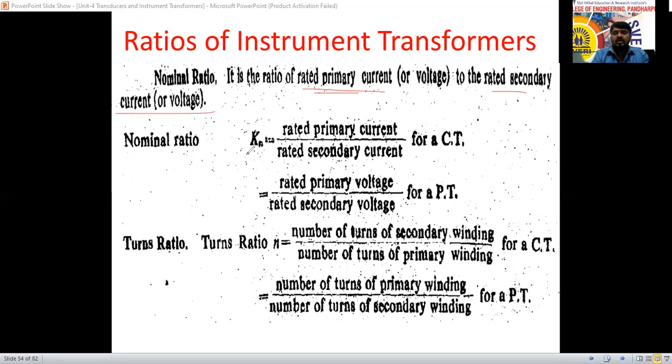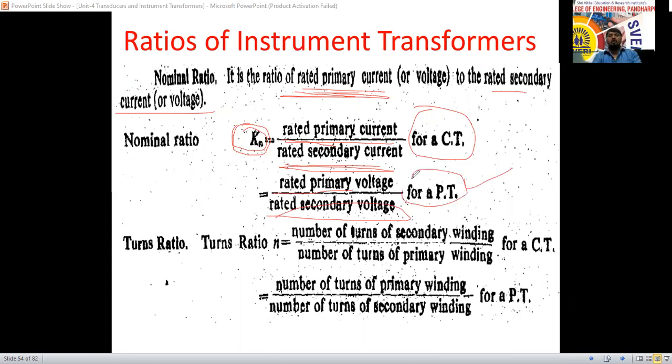So the nominal ratio, that is called Kn, is going to be represented here. Rated values we are going to consider here. Rated primary current to the rated secondary current is called CT. And if it is rated primary voltage to the rated secondary voltage, that is called potential transformer.